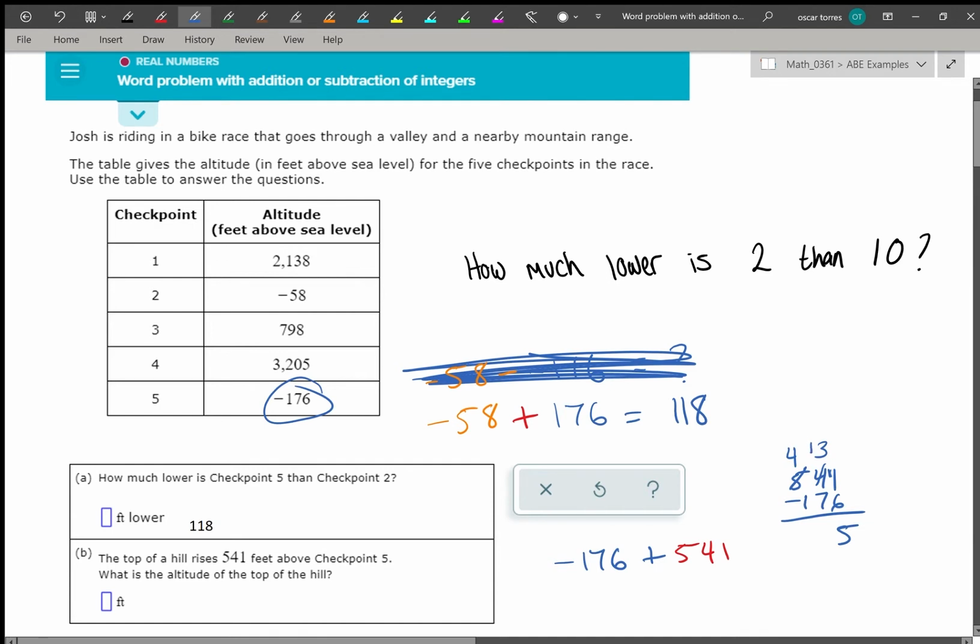It becomes a 4, and the 3 becomes a 13. 13 minus 7 gives me a 6, and 4 minus 1 gives me a 3. So my final answer ends up being positive 365. And we know it's positive because the larger of these two values is 541, and 541 is positive. So our answer is positive 365 feet.